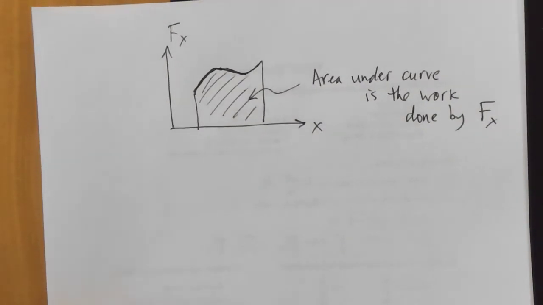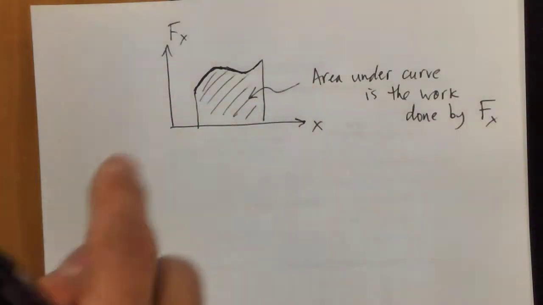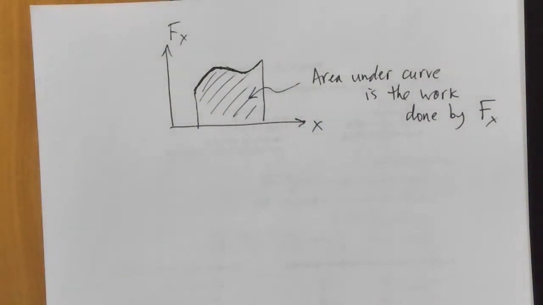Let's say the x component of the force, so we're just considering the simple case where it's only going in one direction. Are there any questions about this? We've seen stuff like this before, so hopefully that's pretty familiar.